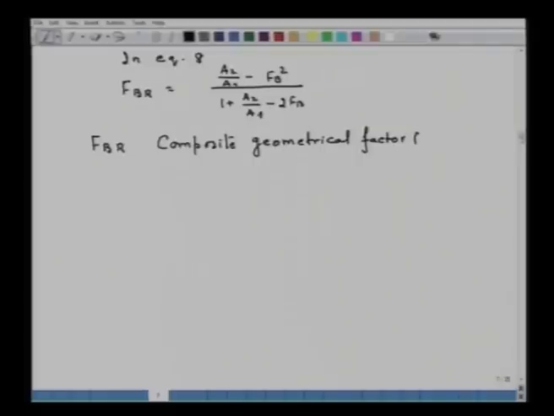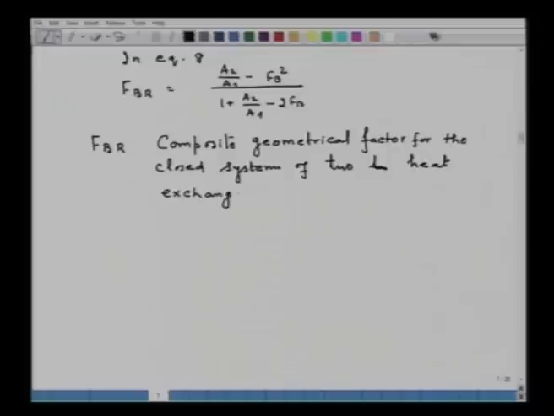for the closed system of two heat exchanging surfaces formed by A1 and A2.